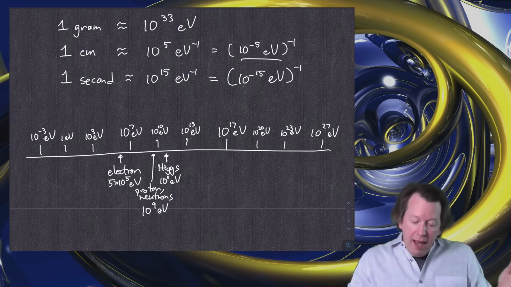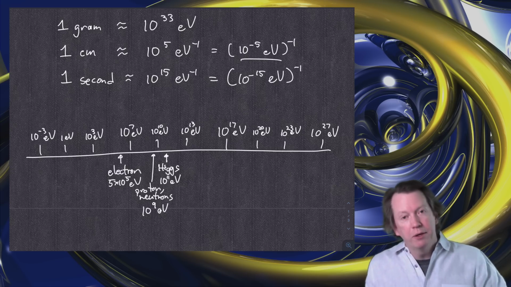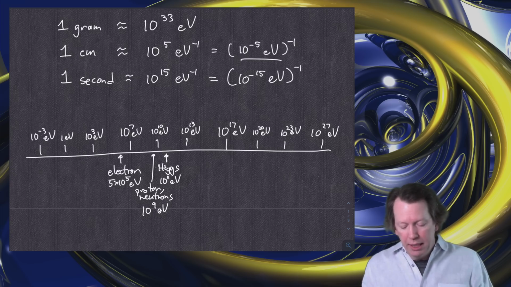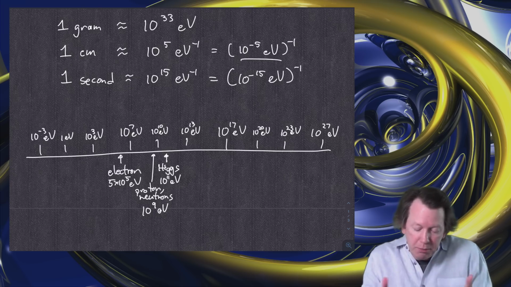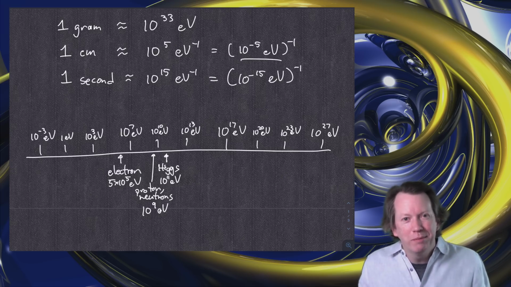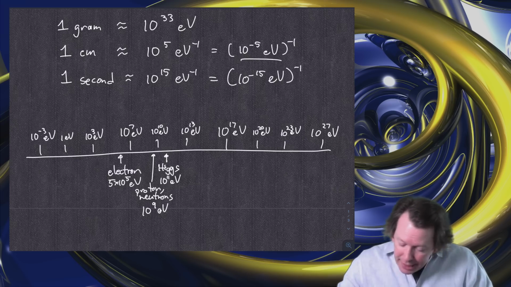And then everything that we know in the standard model of particle physics is mostly in between, right? Things like muons and taus are in between electron and Higgs. All the quarks are in between here. So this is basically the range. And you might ask, well, why do we have to go all the way from 10 to the minus 3 to 10 to the 27? 10 to the 27 electron volts is, of course, the Planck scale.